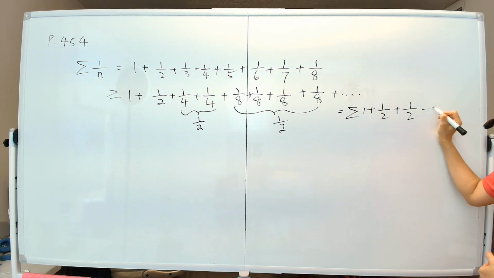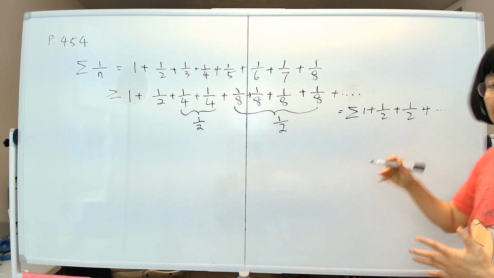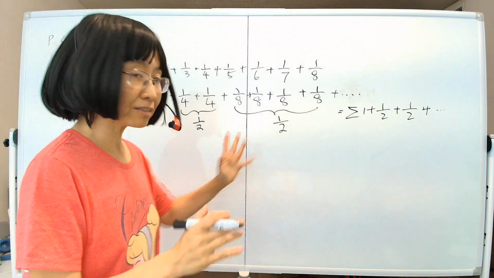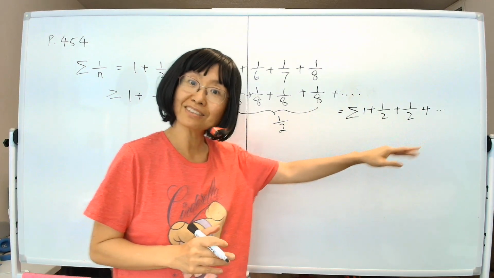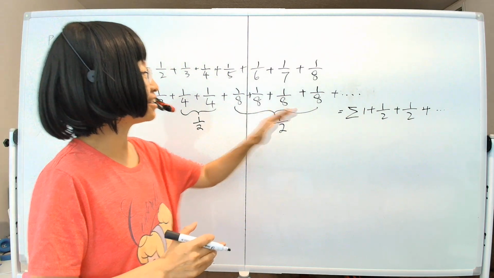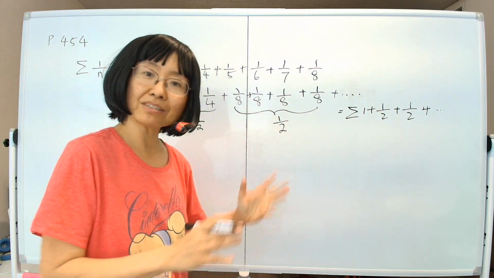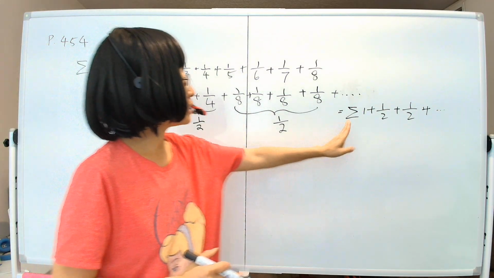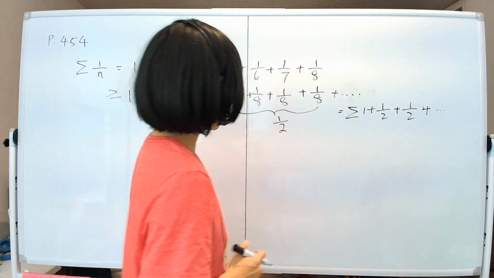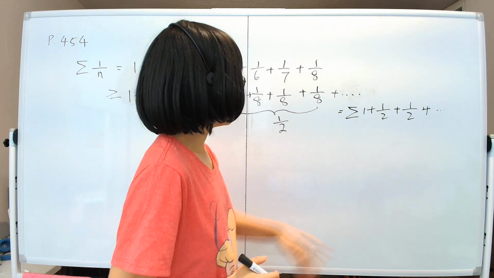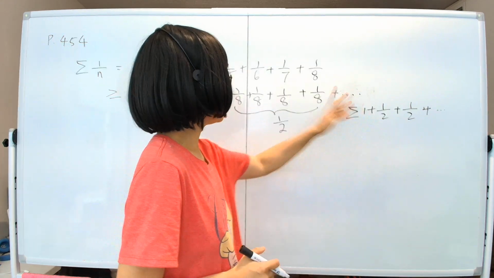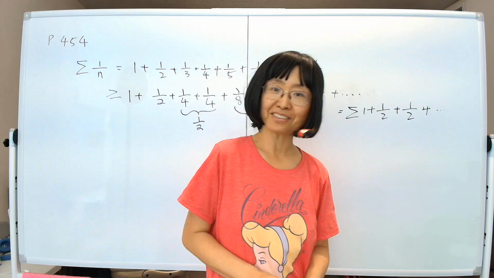You're going to require more and more terms to add up all those 1/2s, but that's okay because you have an infinite amount of stuff in front of you. You can always round up another 1/2, even though it takes longer and longer to collect enough 1/2s. Being a collection of 1/2s, the game is over. This goes to infinity, and therefore the harmonic series also goes to infinity.